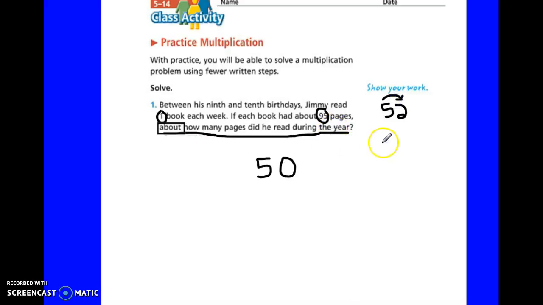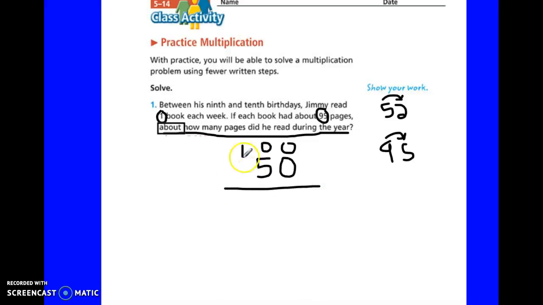And he read 95 pages. So I'm going to round that number too, and it's above 5, so I'm going to go ahead and make that 100. So we're looking at 50 times 100. And using your zero trick that we talked about, our mental math trick earlier, go ahead and solve that one.